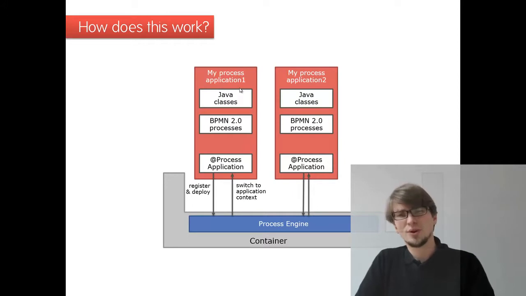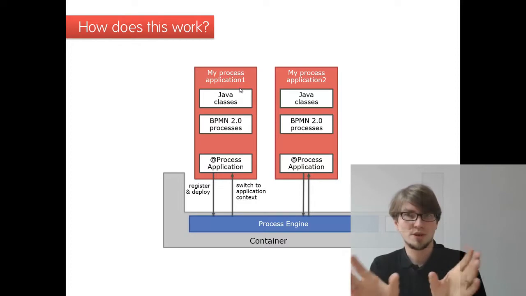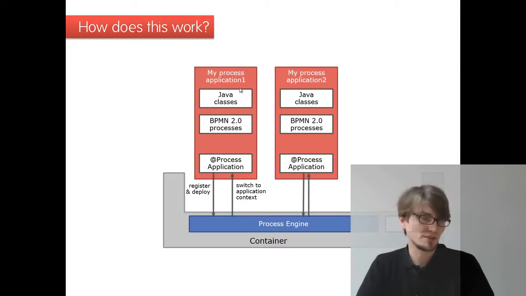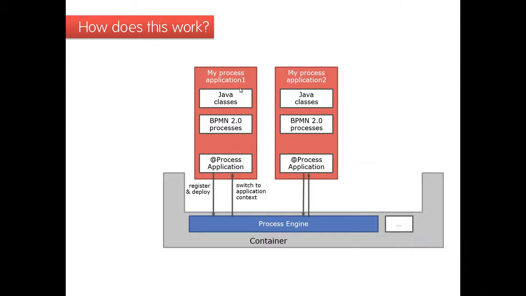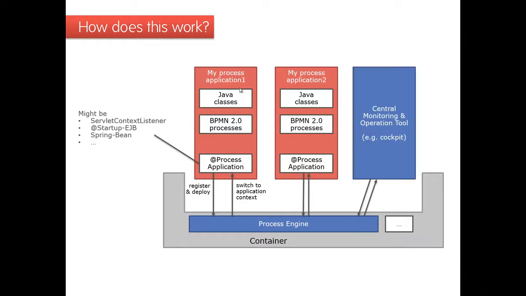And this makes it really easy to deploy multiple process applications, but still use the same process engine. And this has a couple of advantages, actually. One really easy thing is that we can always use a central monitoring tool now.